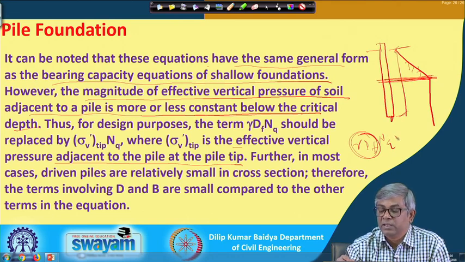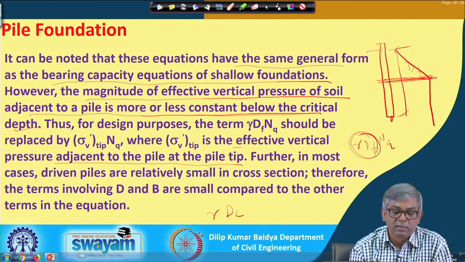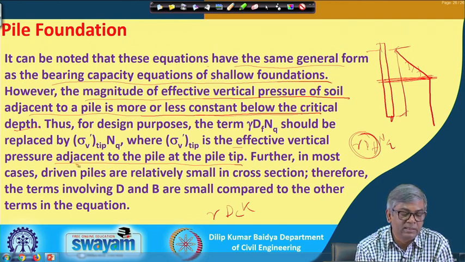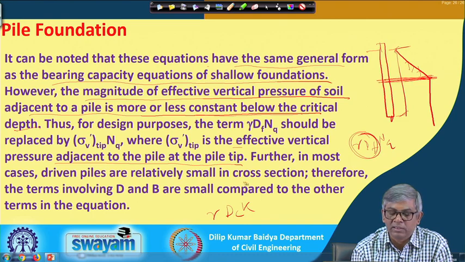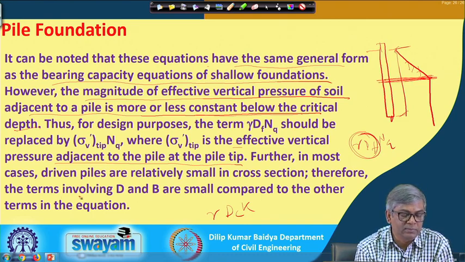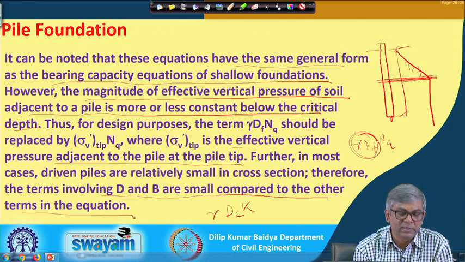So, it will be nothing but gamma times dc multiplied by k. That is the effective vertical pressure at the pile tip. Further, in most cases driven piles are relatively small in cross section, therefore, the terms involving d and b are small compared to other terms in the equation.